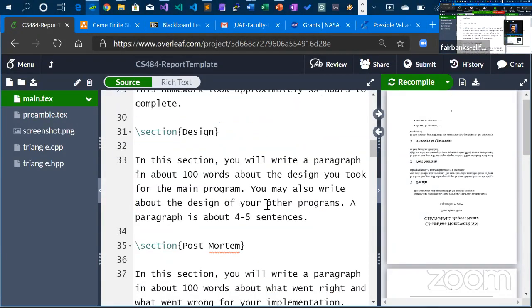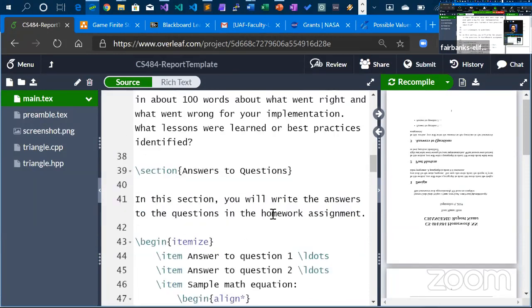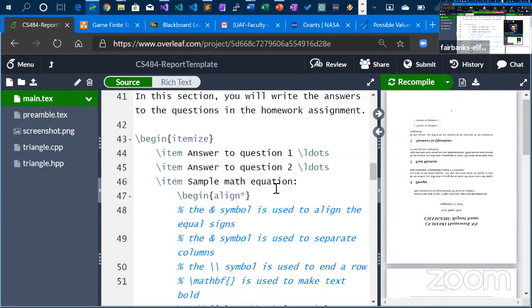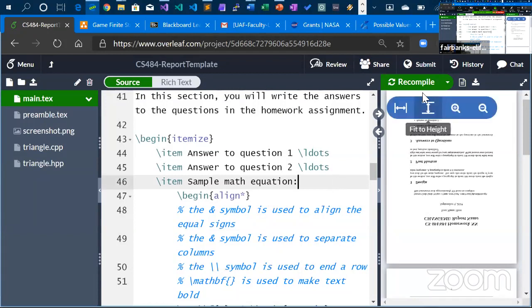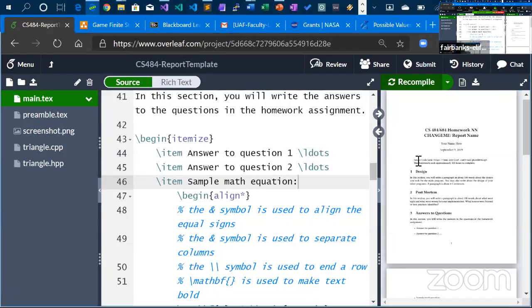But inside the main, I just clarified four to five sentences for paragraphs here. And inside the answer section, let me hit recompile. For some reason on my computer, it's been flipping everything backwards if I switch windows, which is kind of annoying.